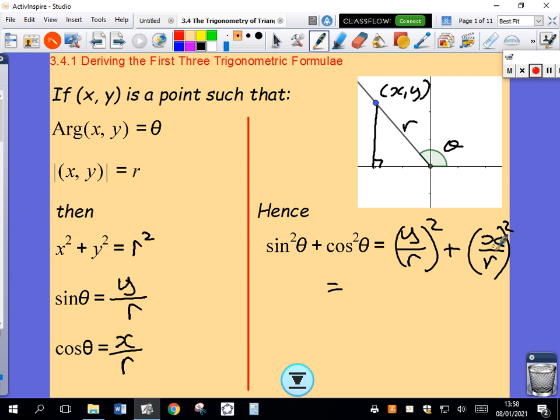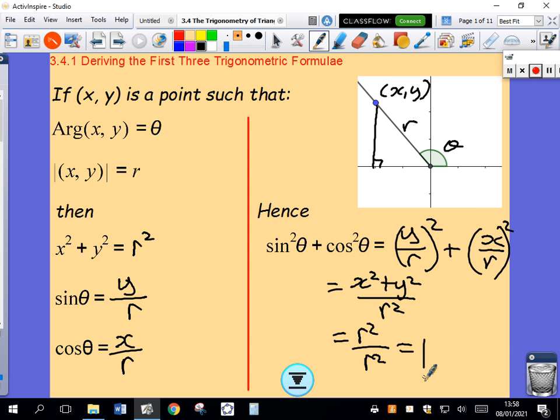Second fraction would be x squared over r squared. Combining those, we're going to get x squared plus y squared over r squared. Note also that x squared plus y squared is equal to r squared. So that's actually equal to r squared over r squared, which is 1.